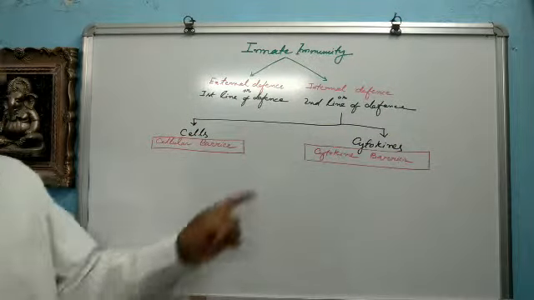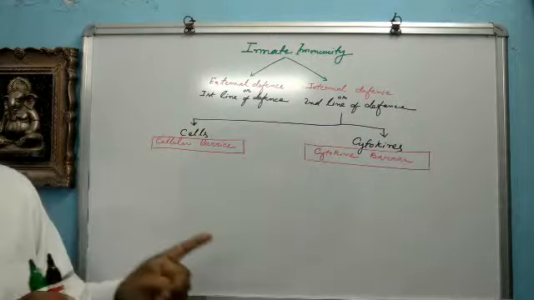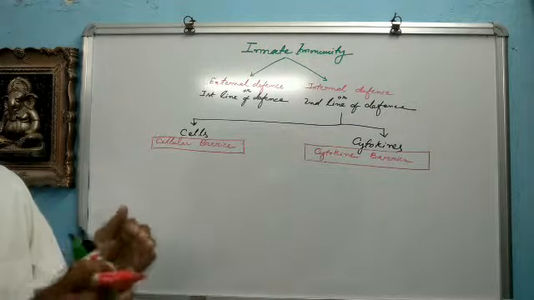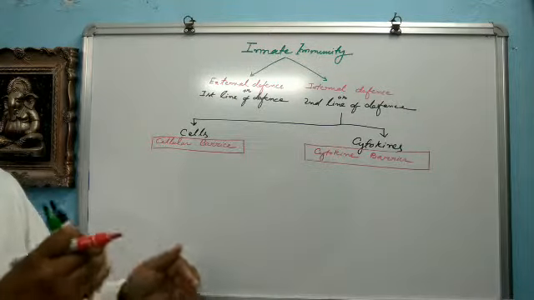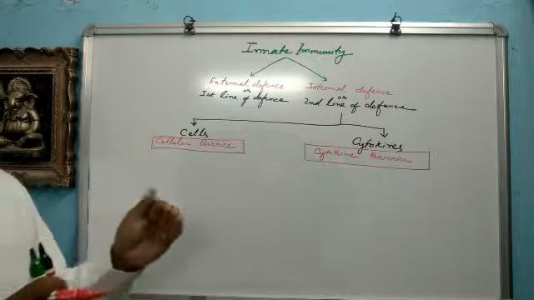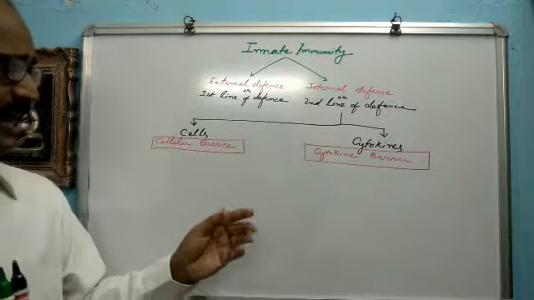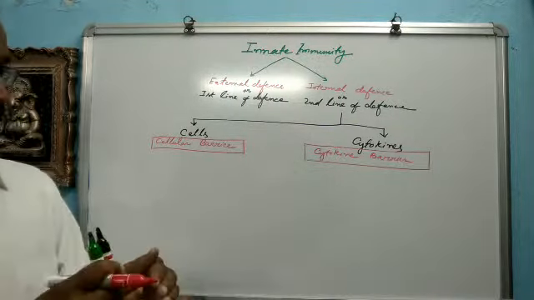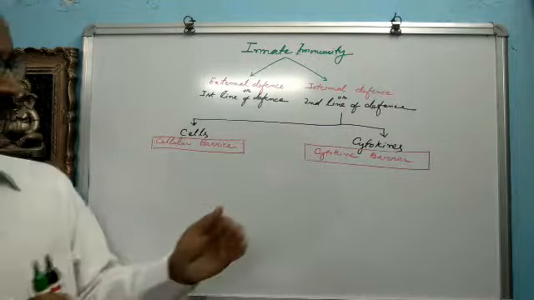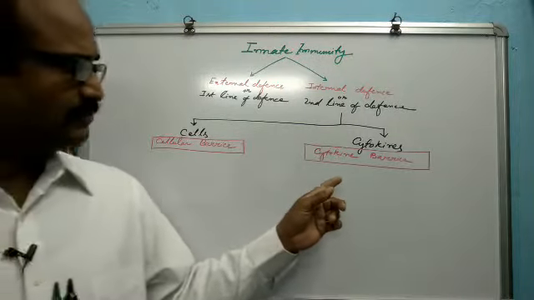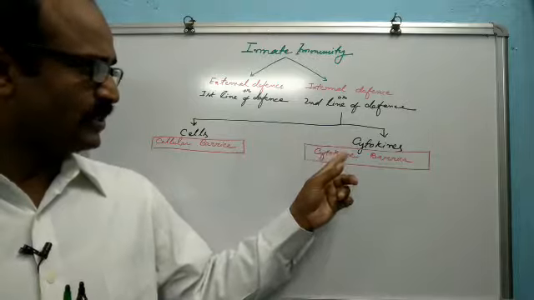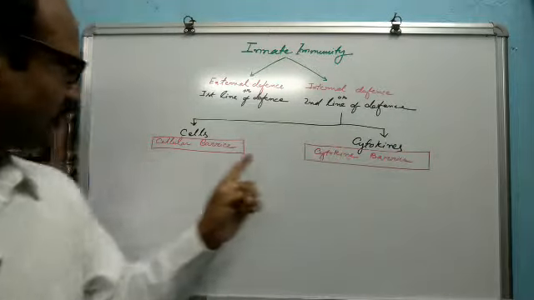So the second line of defense has two barriers. Some barriers are composed by the activity of some cells, known as cellular barriers, and some barriers are formed by the secretion of chemicals from the immune cells, known as cytokine barriers.